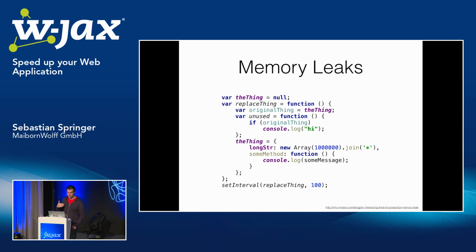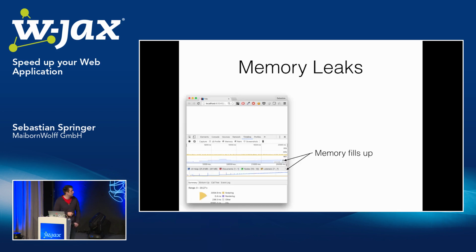And this string is stored in a variable, and this variable is always referenced by closure scoping. And this leads to this figure. If you see figures like that, that means you have a big problem, because the memory is consumed up to a certain limit, and then your browser says, I don't want to work anymore, and your application is dead.